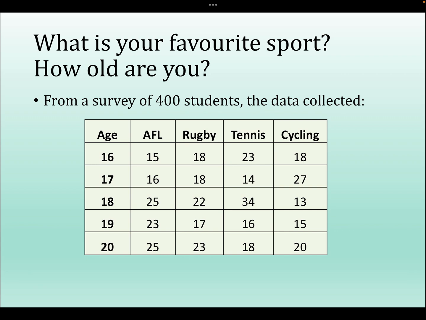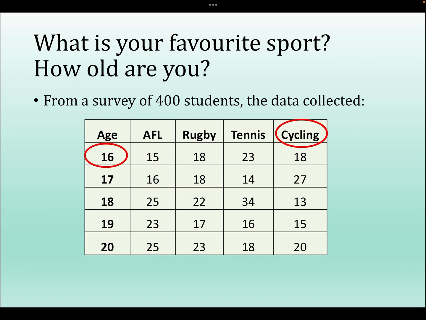If you look at this, it might be Shenton or ex-Shenton students, because the age goes up to 19 and 20. Whereas if you think about just Shenton itself, it could be just up to 17 or 18 years old. However, we know that this will be only 400 students. And then the data collected: some like AFL, some like rugby, some like tennis, and some like cycling.